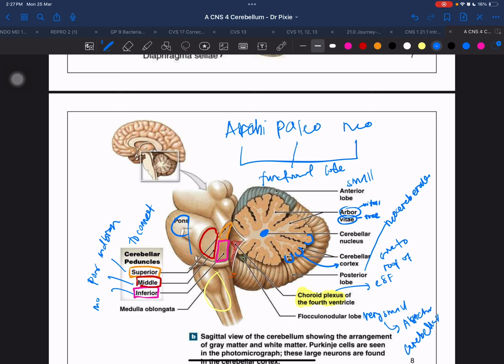So remember, you have the cerebellum here. In front, you have three parts of the brainstem: midbrain, pons, and medulla. Each of these will have a bridge to connect to the cerebellum.